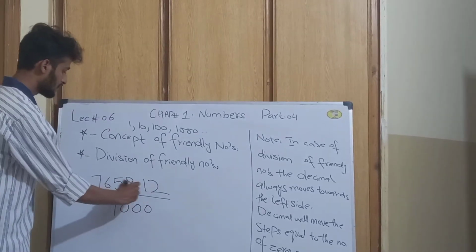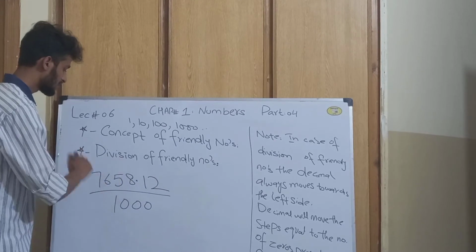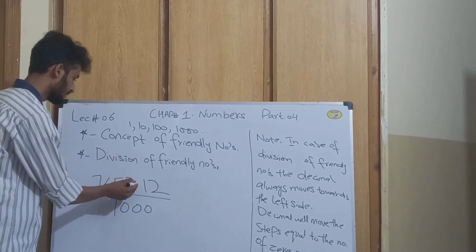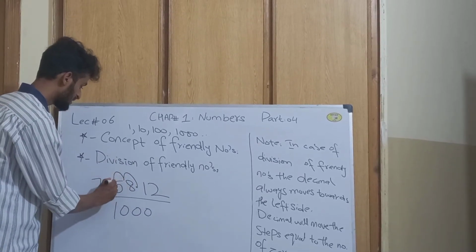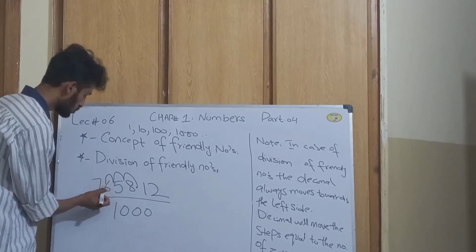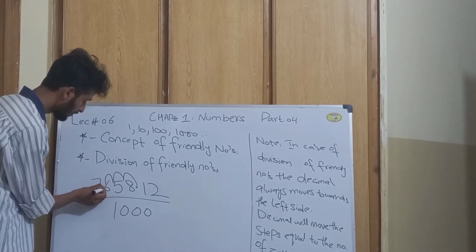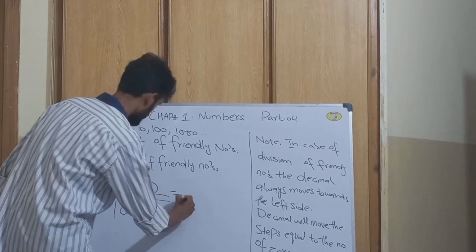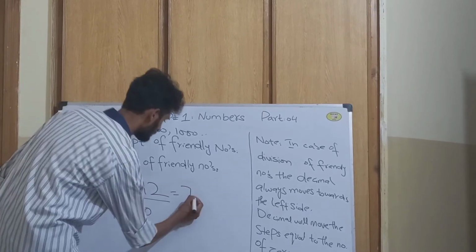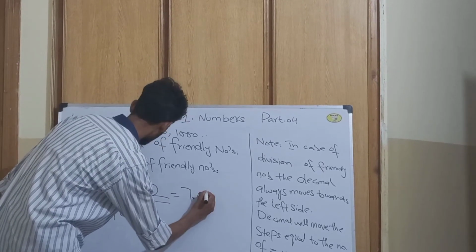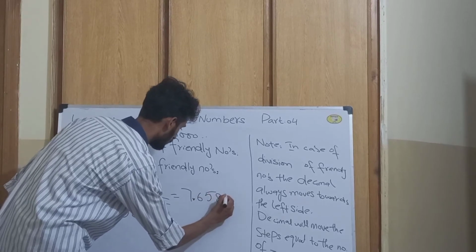As it is division, we will move 3 steps towards the left side. So one step, second step and third step. So our decimal will come over here. Our answer will be 7.65812.